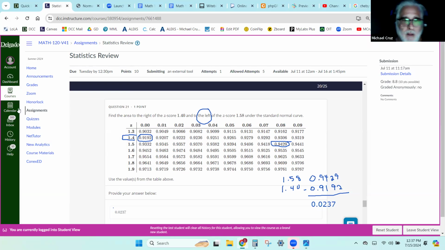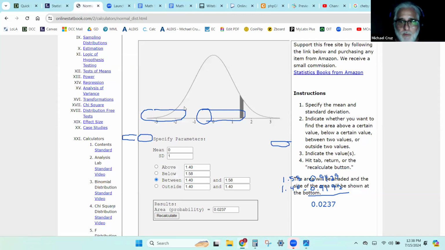Okay, because again, it's got two things they're asking for: to the right of z 1.4 and to the left of 1.58. And again, looking at the picture, this one right here is the 1.58 and this one is the 1.4.